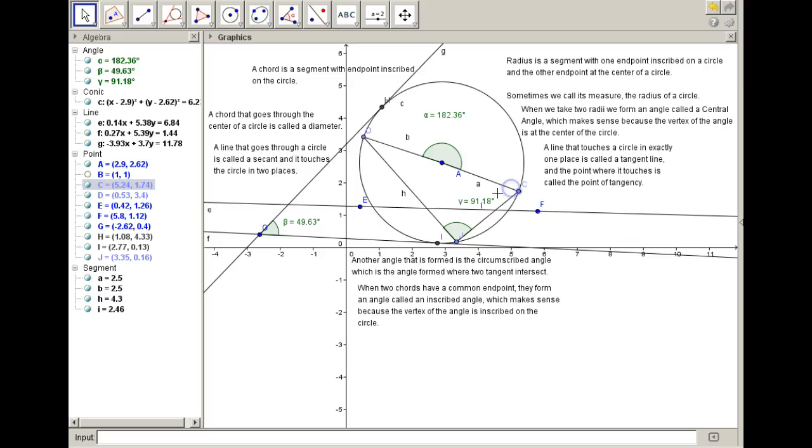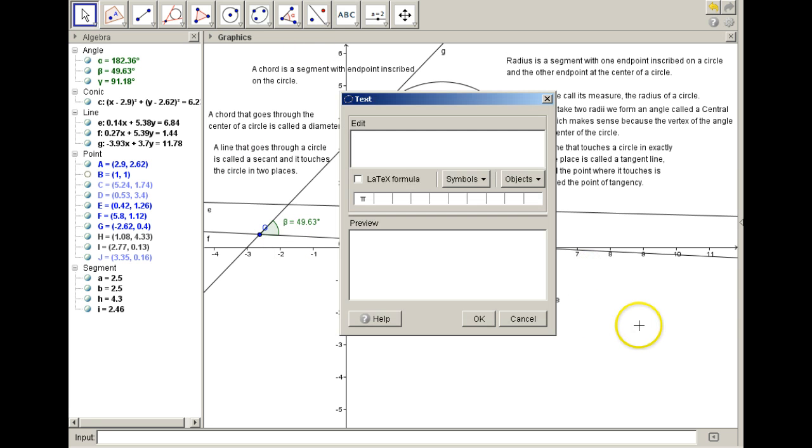But I notice that whatever I've got for my inscribed angle, my central angle is twice as big. 2 times 18 is 36, and 2 times 91 is 182. So now we see that the central angle is twice as big as the inscribed angle. That is a huge relationship to note here.